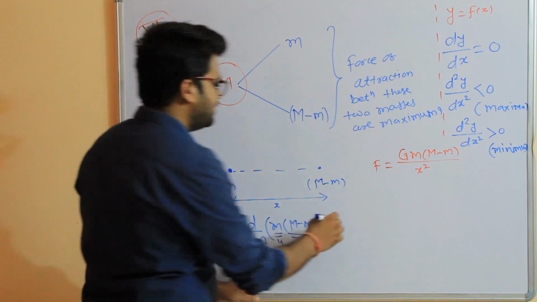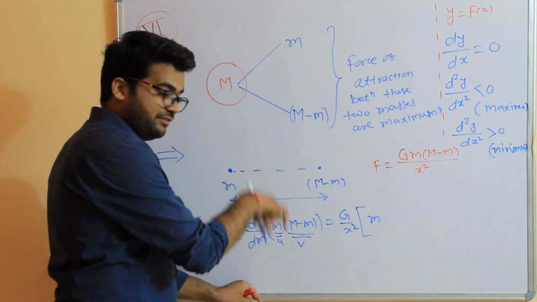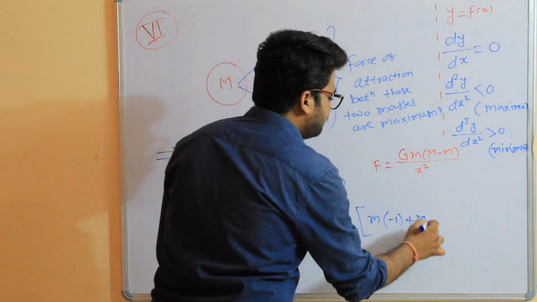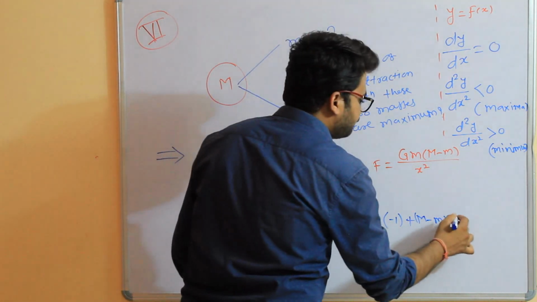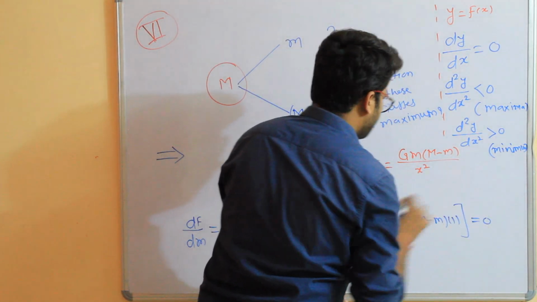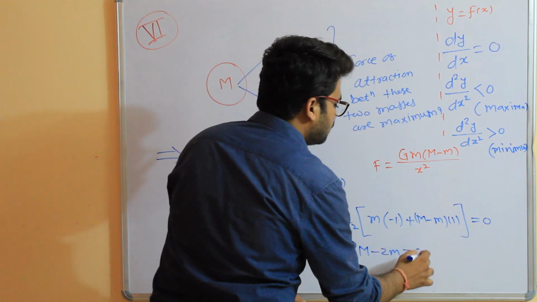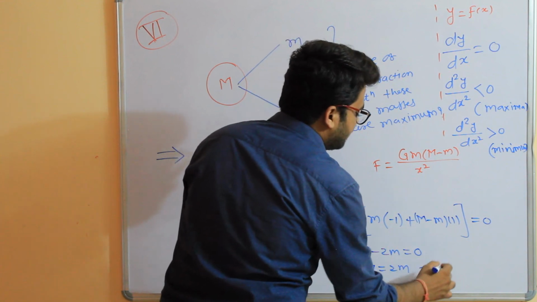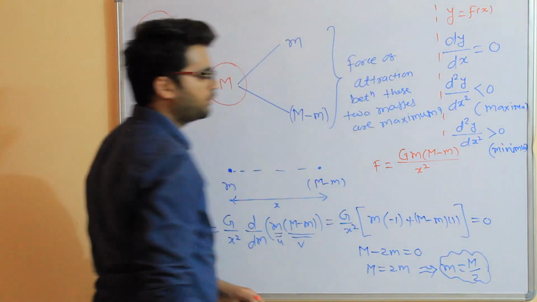If you differentiate this, it will be G by x squared in bracket small m into dv by dm, which is 0 minus 1, plus capital M minus small m into d by dm of small m, which is 1. We have to equate it to 0. So we'll get capital M minus 2m is equal to 0, and capital M is equal to 2m, and from this we'll get small m is equal to capital M by 2. Right, so this is the answer.